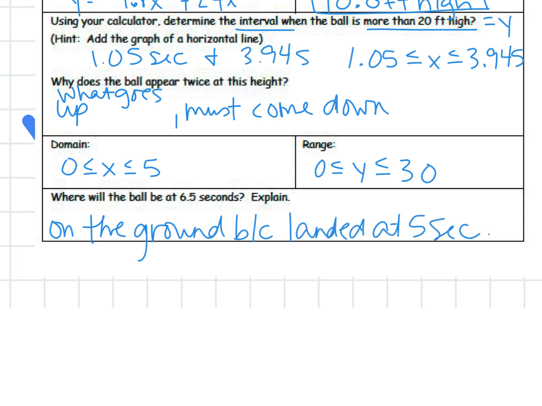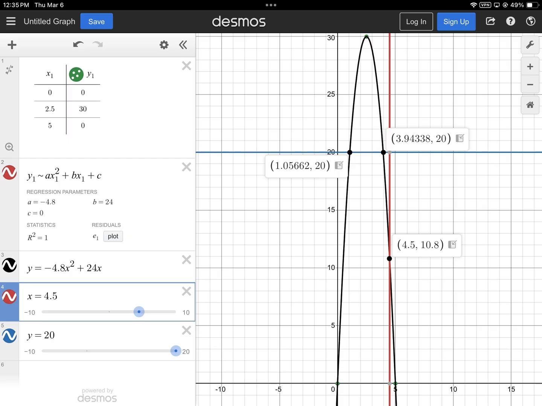So from this, depending on what they give you, you should be able to solve the puzzle and find the other pieces so that you could find all of the things necessary. So we've typed in our y equals 20. We tapped where we had our intersection, and we can see it at 1.05 seconds and 3.94 seconds.